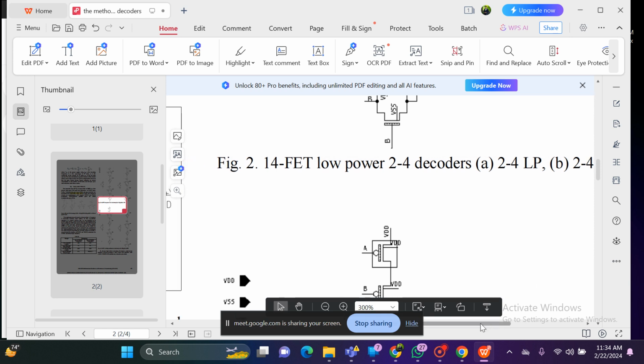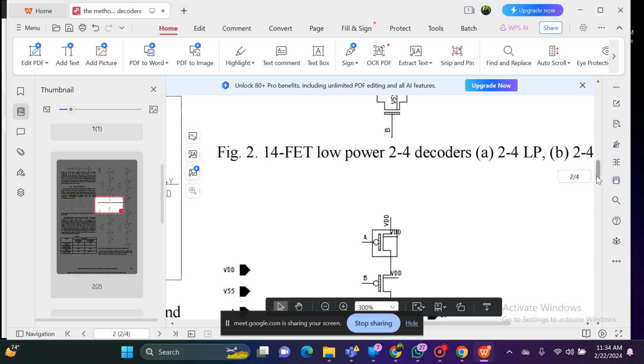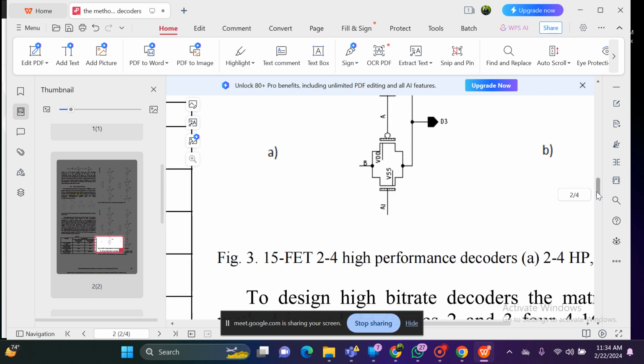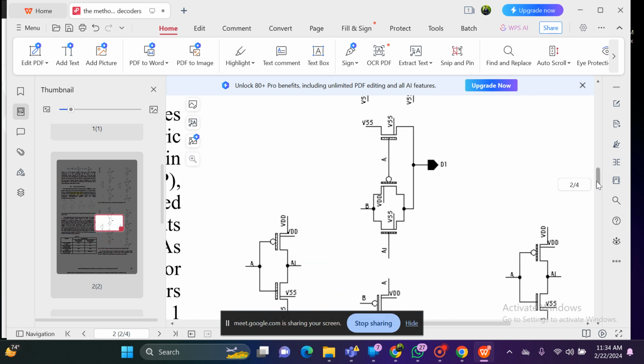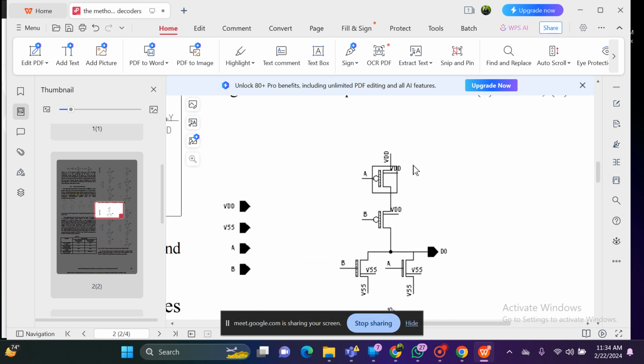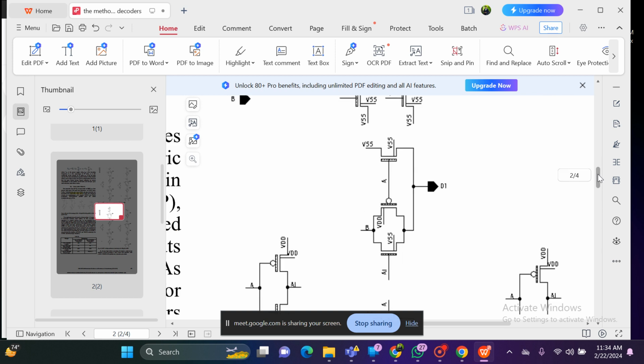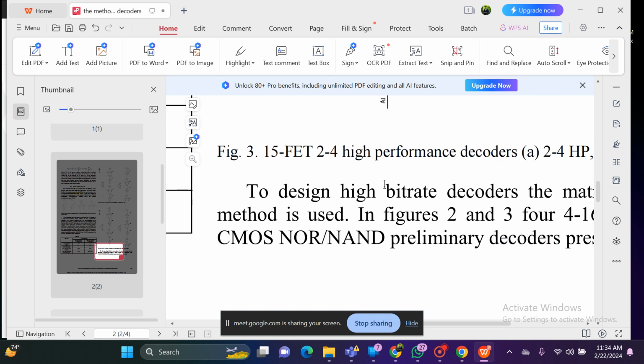So what does it mean? Now the same thing, the 15 also will be done with the same design, but an extra transistor has been given. This is the extra transistor they have used here in the 15. That is giving the high performance.